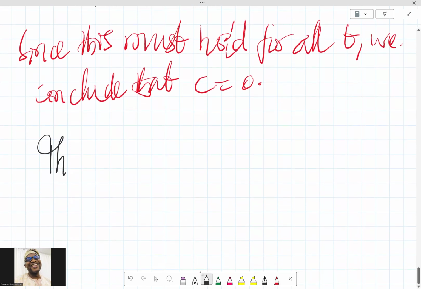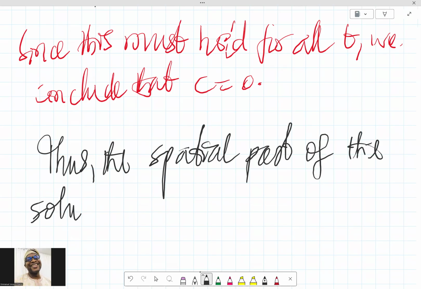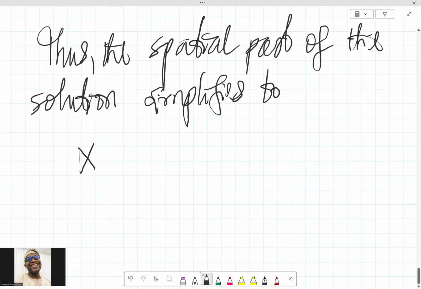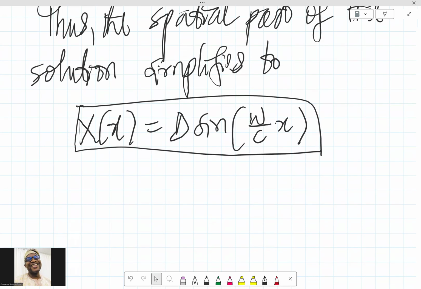Thus the spatial part of the solution simplifies to X of x equals D sine omega over c x. That's what that becomes.